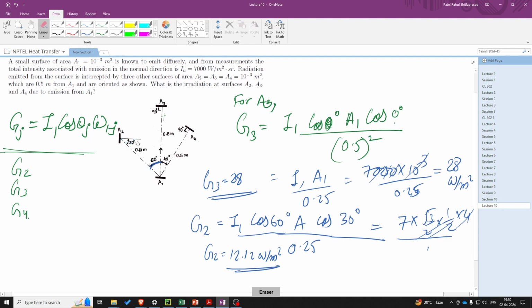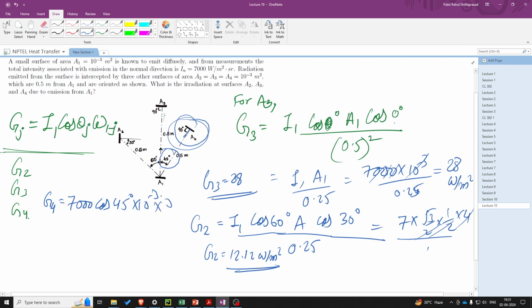Now let's take this case for A4. Similarly, for A4, we can write G4 as I1, that is 7,000, cos of this angle 45, area is 10 raised to minus 3, and then again cos of this angle, which over here is 0. Cos of 0 will be 1, upon R square, that is 0.25.